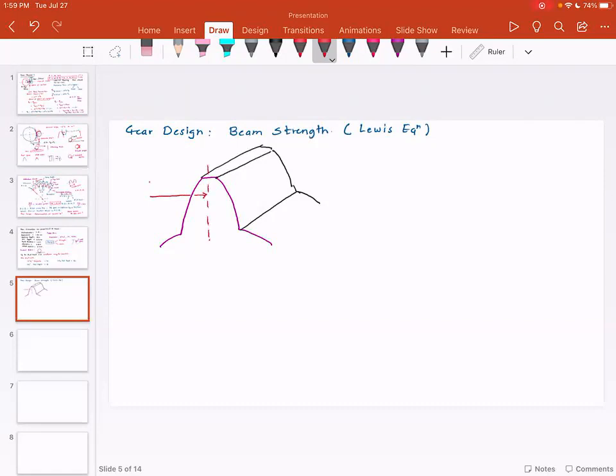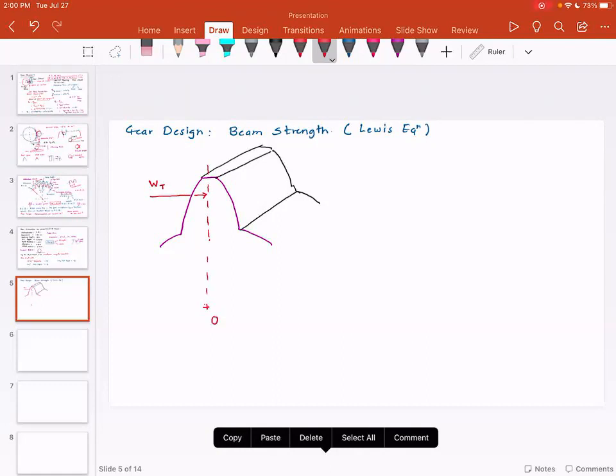This is WT, that will rotate the gear. And this is the center line, this is the center O.